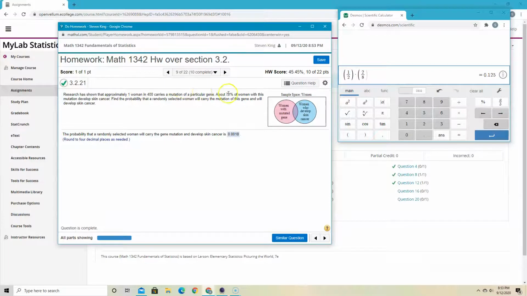We don't know if this data is true or just made up, but that's what the problem is stating.